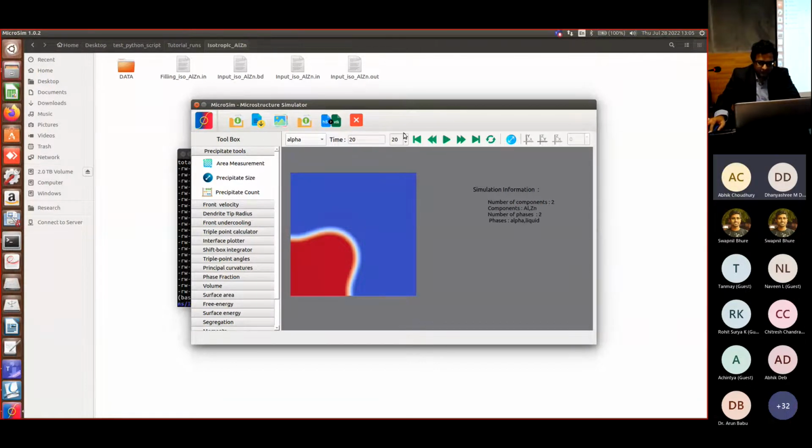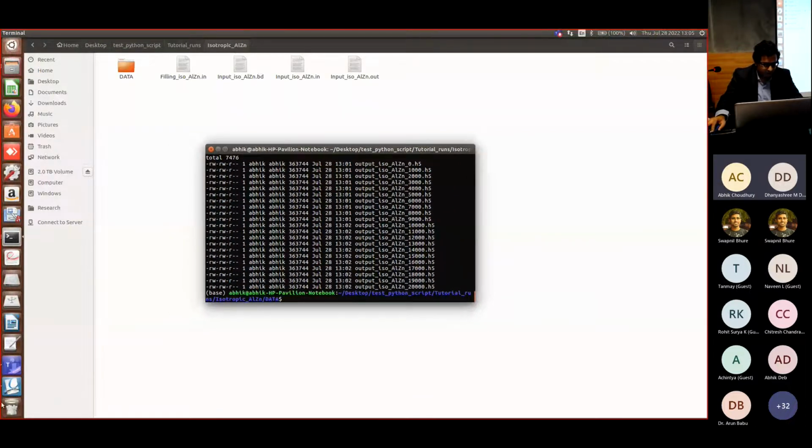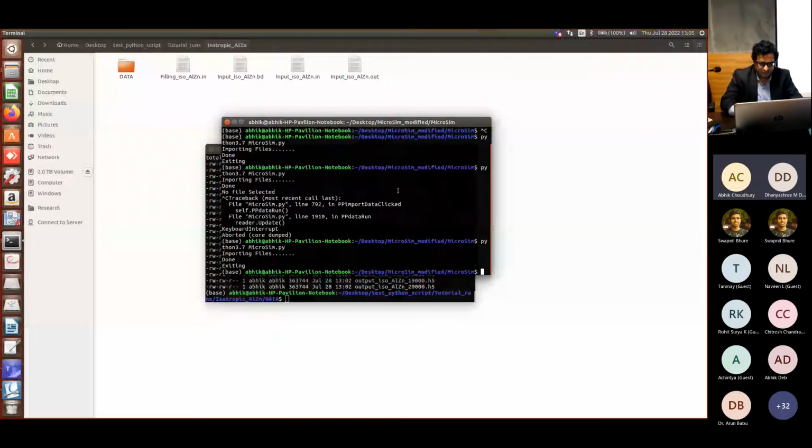So now what we need to do is to put in anisotropy in the system and check what happens. So let's go back to the, oh, we closed the in file.